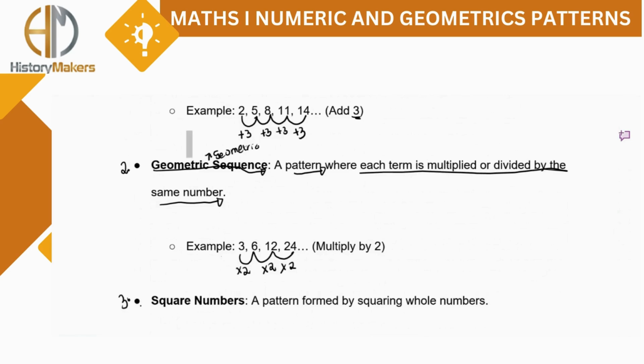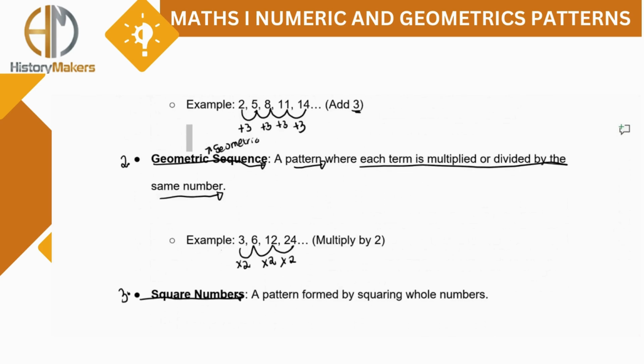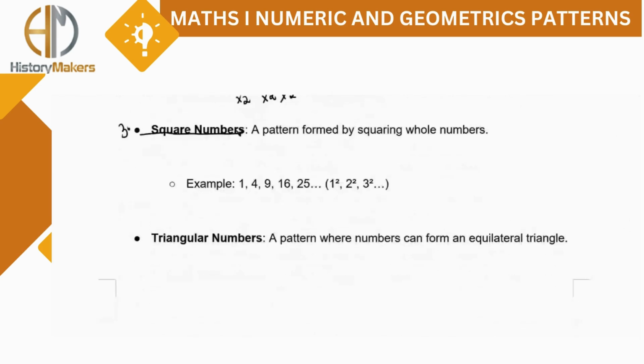And then we have square numbers. This pattern can be formed by squaring whole numbers. So for us to be able to get to the next step, we squared whole numbers. Here we squared 1, hence we found 1.